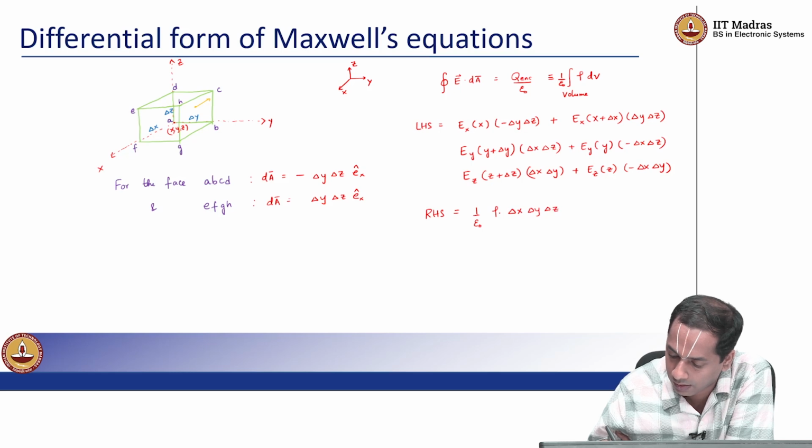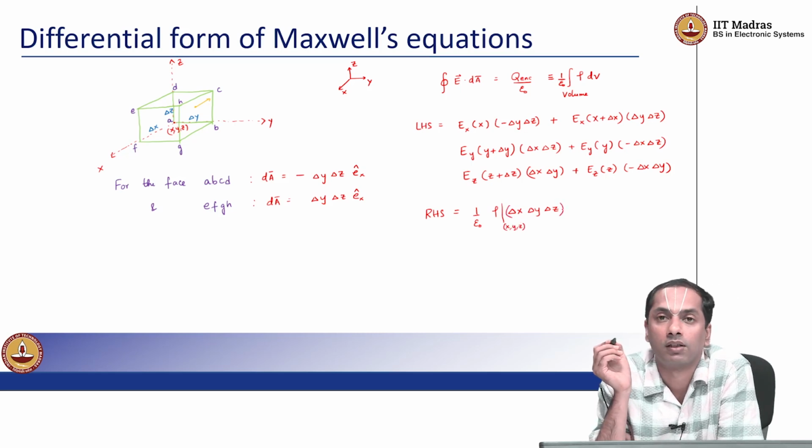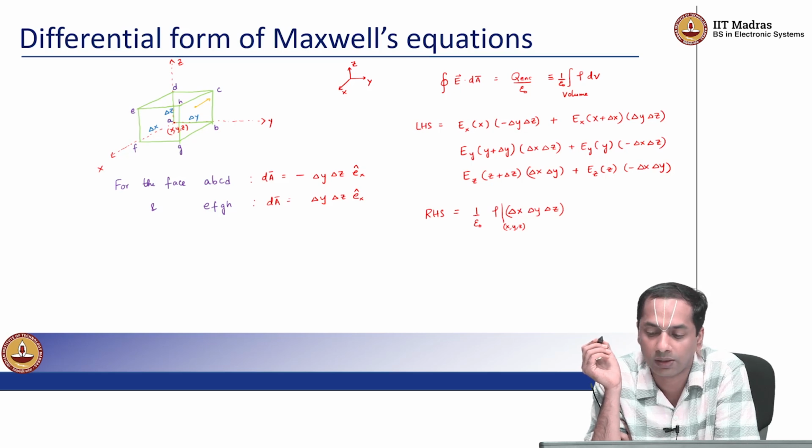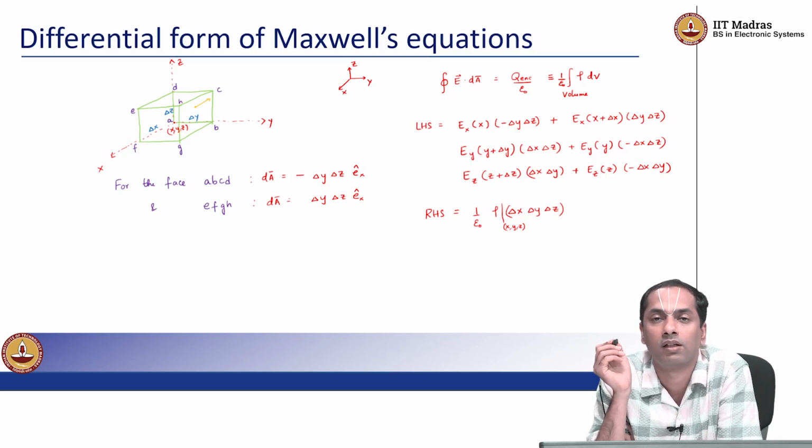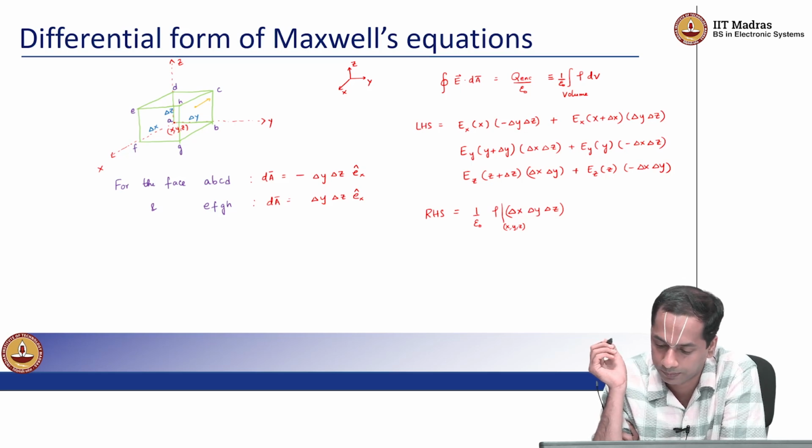You assume that rho is evaluated at x, y, z, and the volume is just delta x, delta y, delta z. So you assume that the charge density is uniform within this cube, so I can just take rho as a constant and multiply it by the infinitesimal volume.